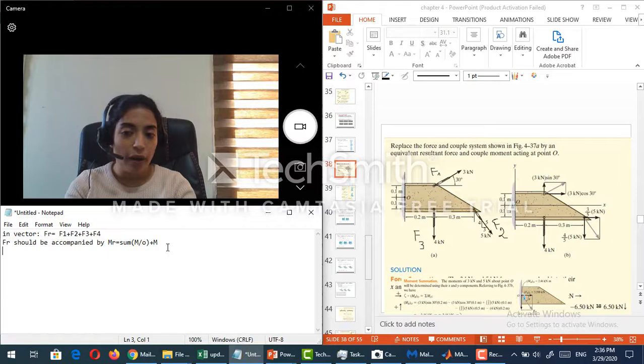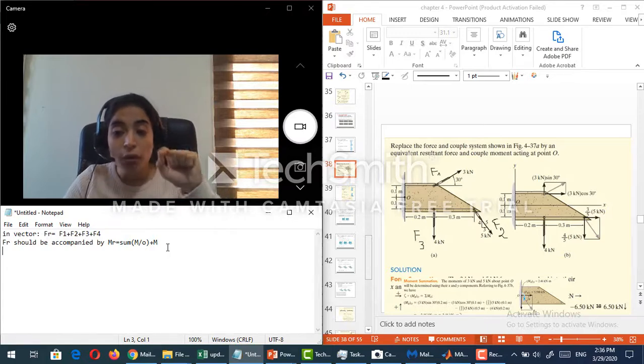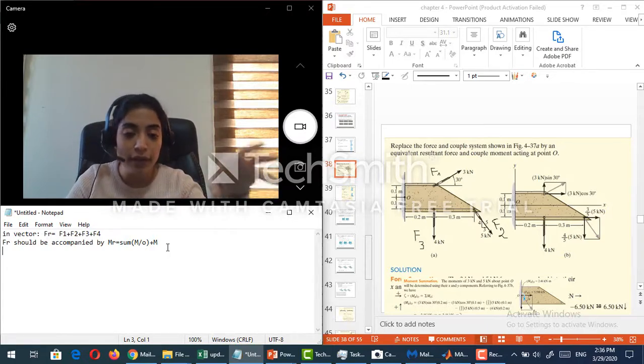Guys, I want you now to focus on the question. Basically, any change in the question will change my answer. So what is the question now? The question is to replace the force and couple system by an equivalent resultant force and couple moment acting on O. So I should know where is the point that I need to put my force resultant and my M resultant.